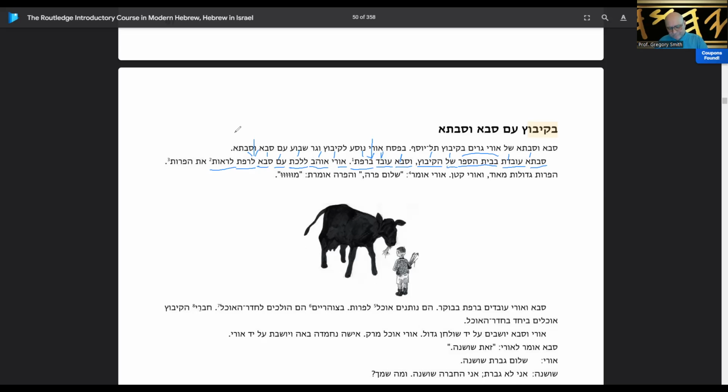Lir'ot, to see, right? What is he seeing? Et looks like haparot. Maybe it's cattle?